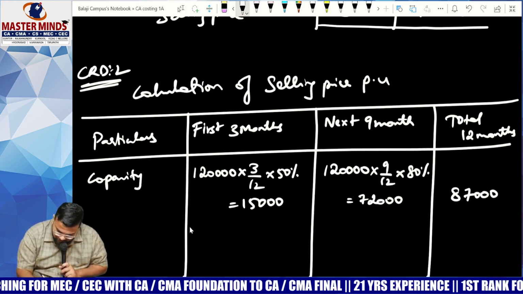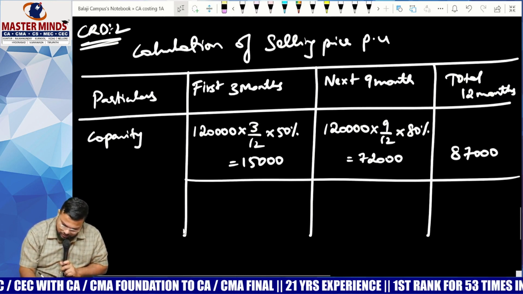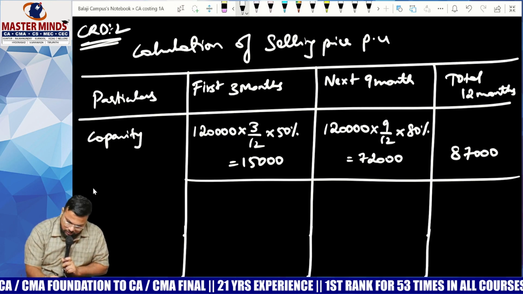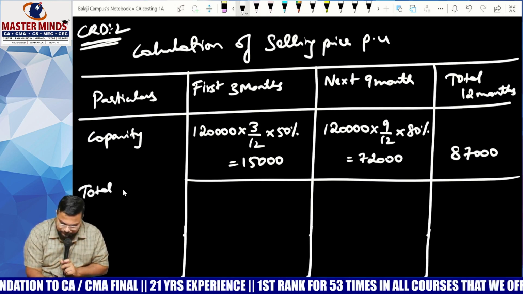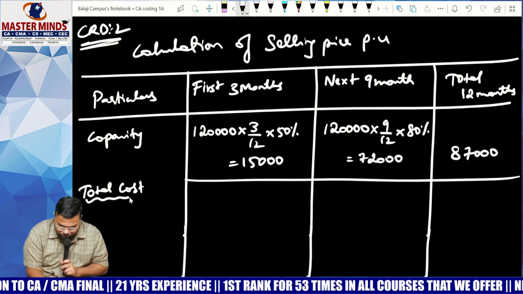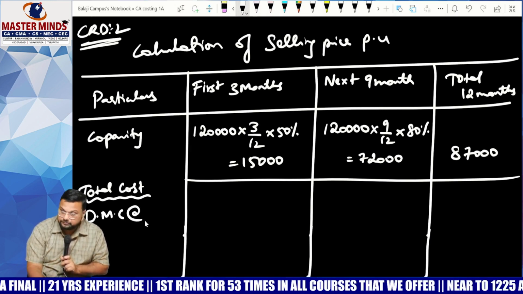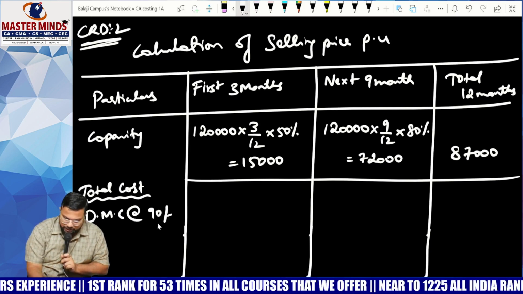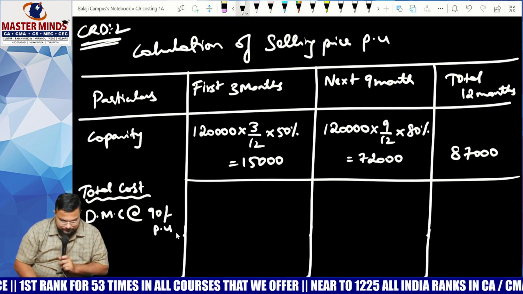Okay, right. Next, total cost, Nana. First one will be direct material cost at the rate of 90 rupees per unit, Nana. So 15,000 into 90.